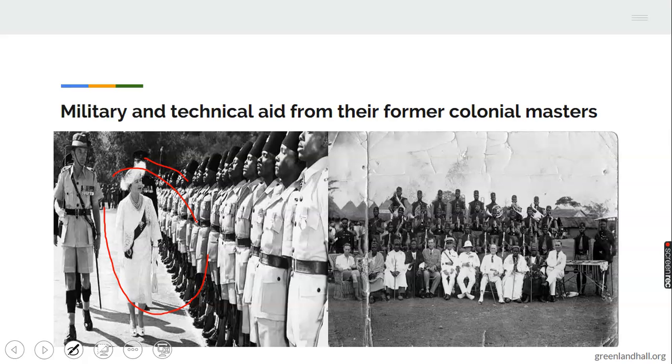Like I said, they received military and technical aid from their former colonial masters. Look at our own military men on parade. Look at the one from the French colony. So they received this aid from their former colonial masters, and this picture has just portrayed that.